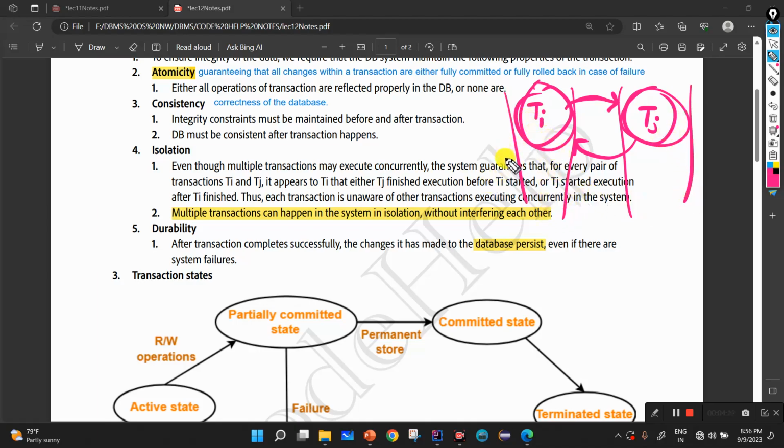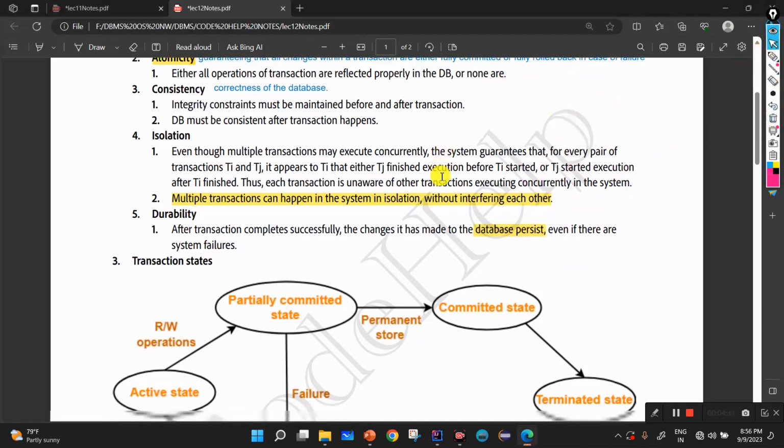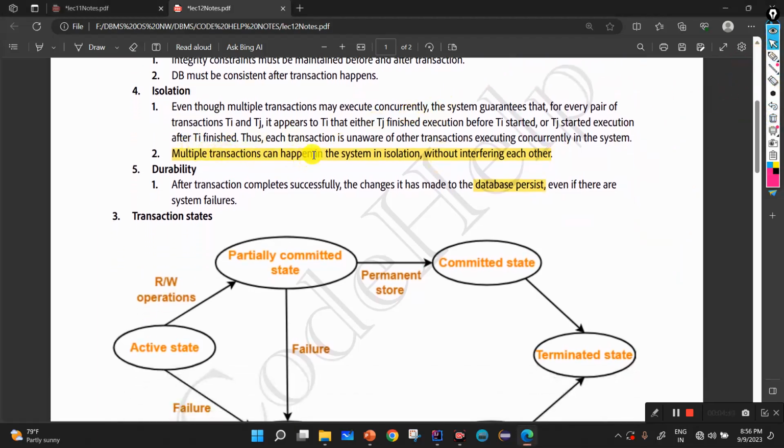One transaction at a time on a database is very important, because if both execute concurrently, then a lot of problems arise. So both transactions are separate, or we can say isolated. Got the point? Multiple transactions can happen in a system in isolation without interfering with each other.